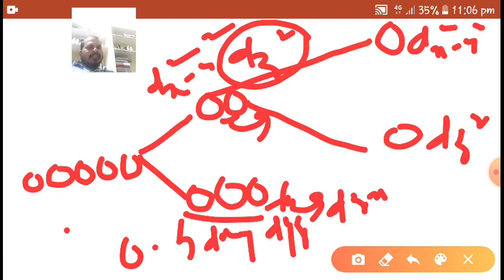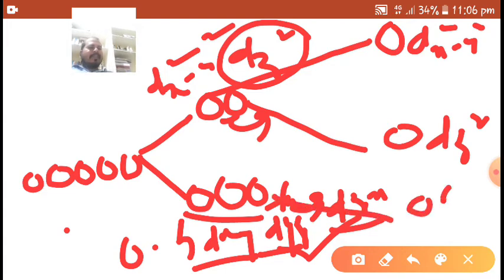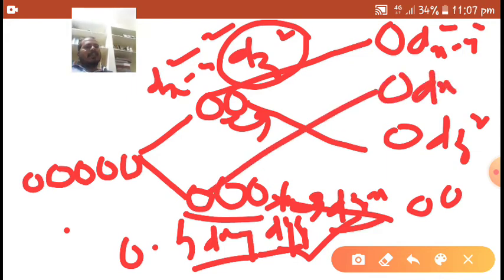If you observe the T2g orbitals dxy, dyz and dzx, there is a z element in dyz and dzx, so their energy will be decreased, and the energy of dxy will be increased. So the order is dx square minus y square, dxy, dz square, and dyz equal to dzx.